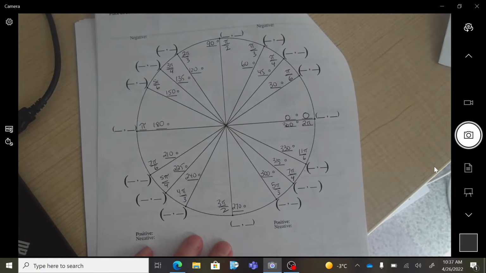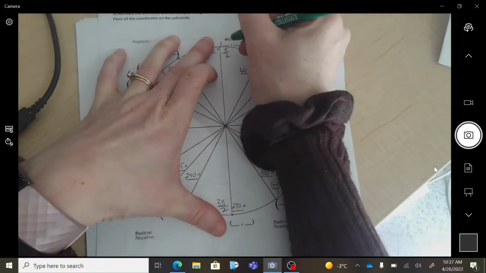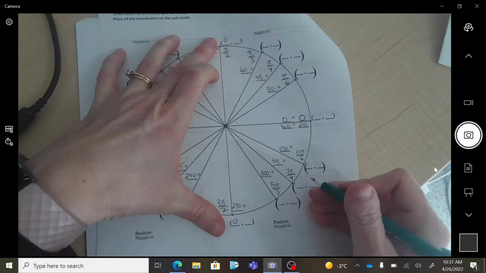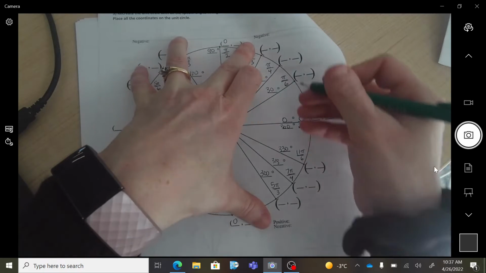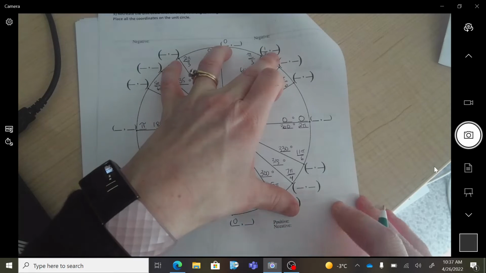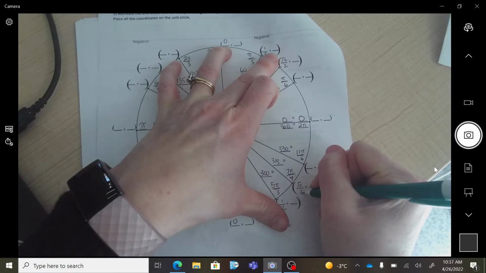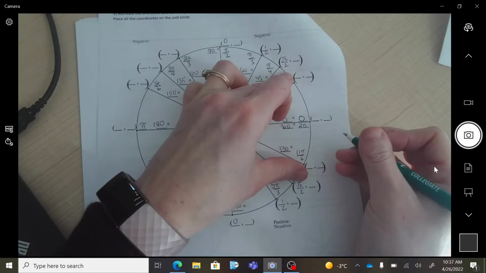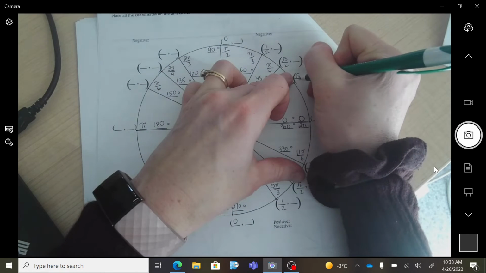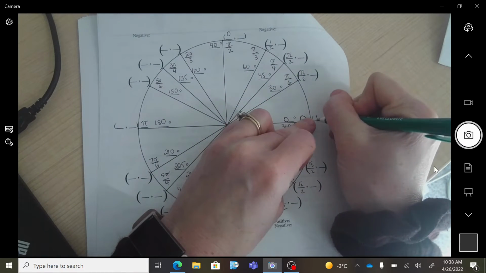Okay, now to fill in the values here, I'm going to go x first. 0. Move right, so these will have a half. Move right, these will have a root 2 over 2. Move right, these will have a root 3 over 2. And then moving right, this would be a 1.